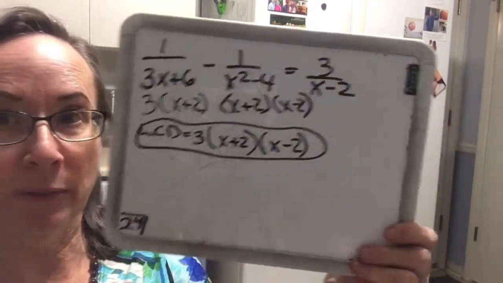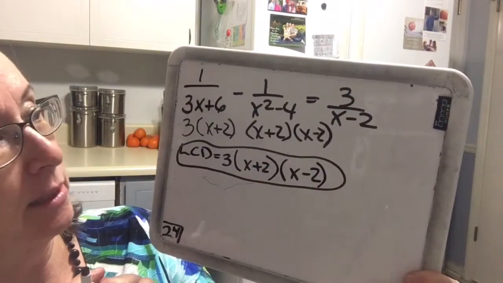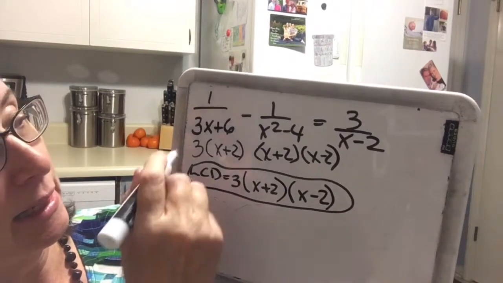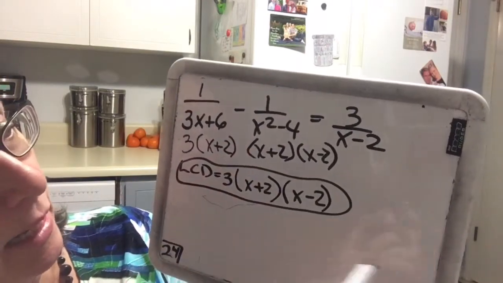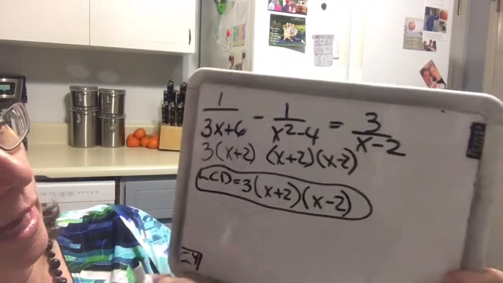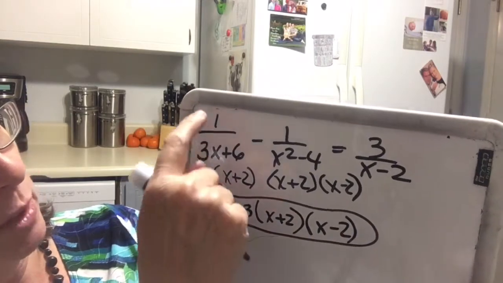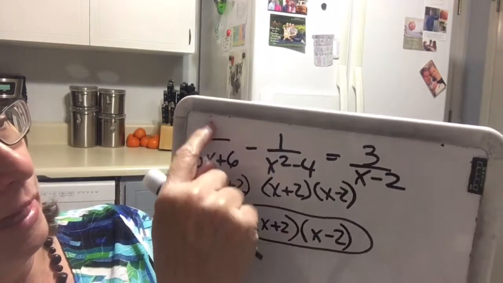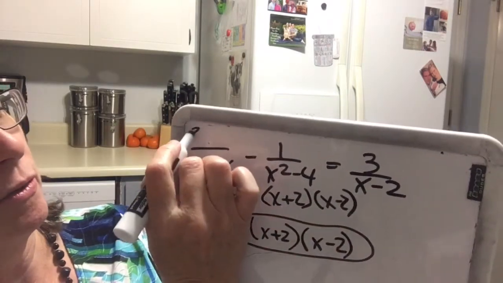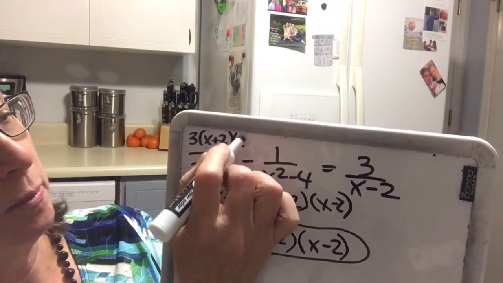So now I'm going to multiply both sides by this least common denominator. Okay, now what's going to happen here, and I didn't leave myself much room to write that, did I? So we're going to multiply all the way across the top. Just because of space, I'm going to multiply this one by 3 times x plus 2, x minus 2.